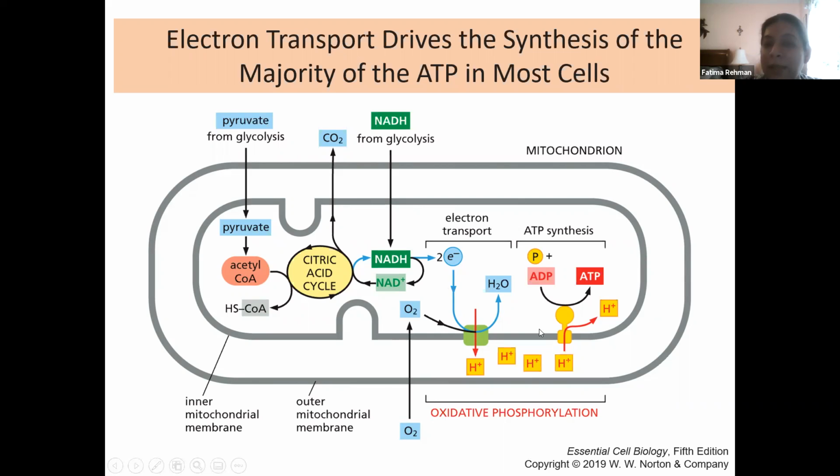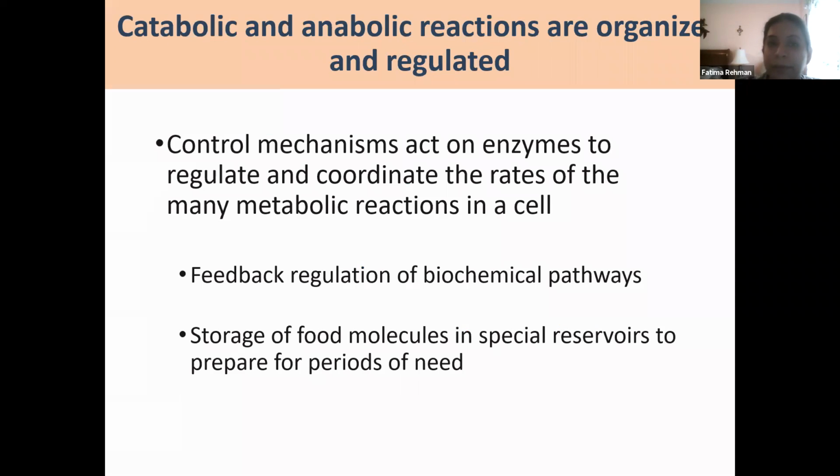In this case, ADP is coming in as adenosine diphosphate, and phosphates are added to it to create the ATP that we then utilize for energy.